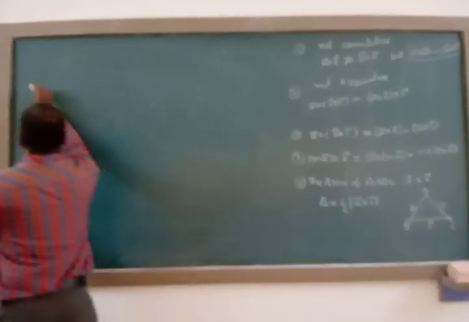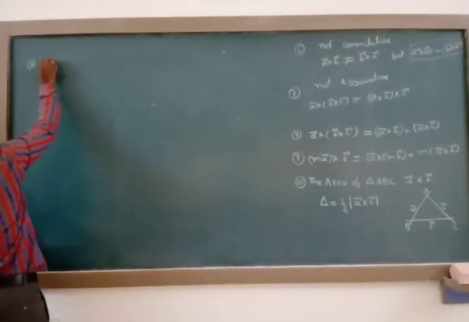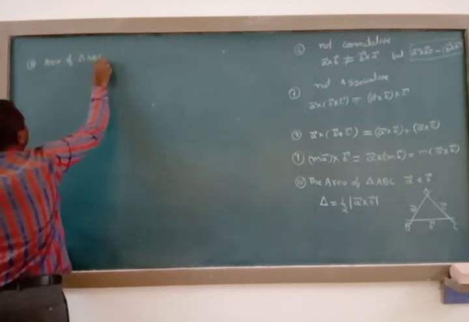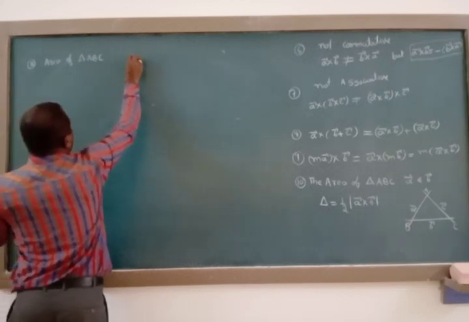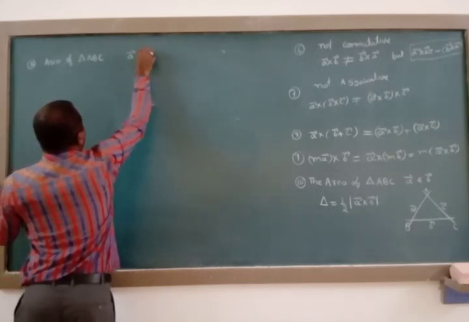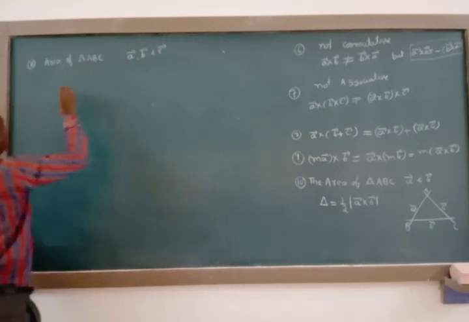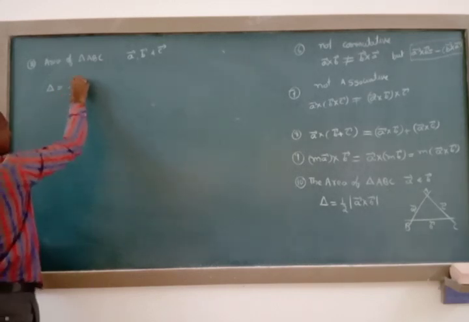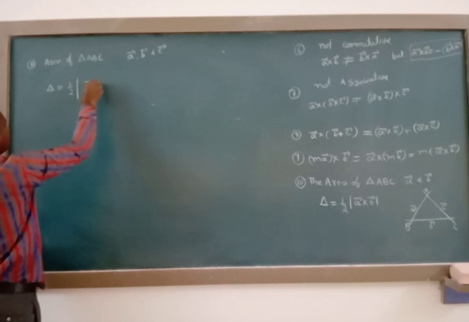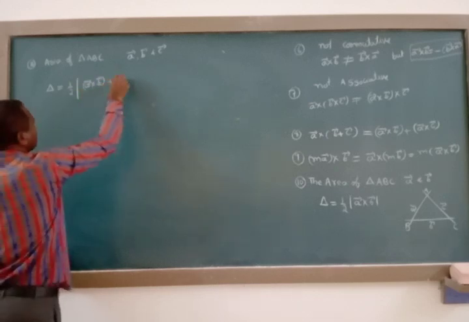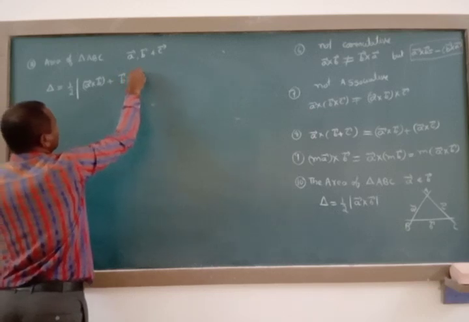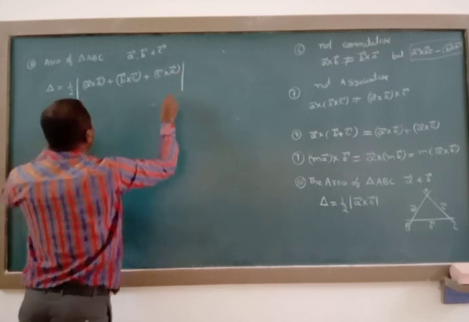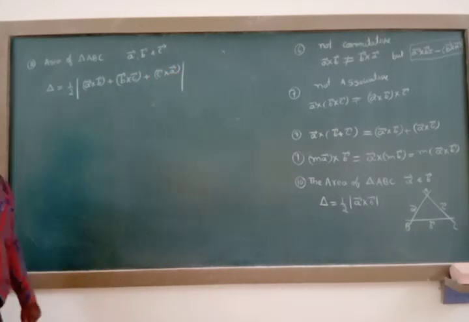The area of triangle ABC with position vectors of the points A bar, B bar and C bar is given by delta is equal to half into modulus of, that is the magnitude of, A bar cross B bar plus B bar cross C bar plus C bar cross A bar. They are in a cyclic order, A to B, B to C and C to A.